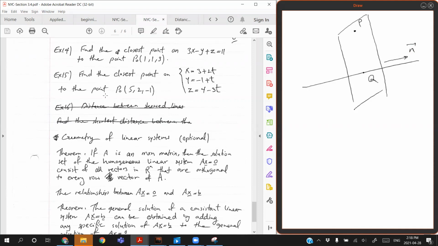If you have the point normal equation of the plane that passes through P and is orthogonal to the line, then Q is going to be the point of intersection between these two objects. So that's the method. You do it in 2 steps. Step 1, you find the equation of this plane using the normal vector that you get from the line. And then you find the point of intersection between the plane and the line. That would be the closest point on the line to the point.